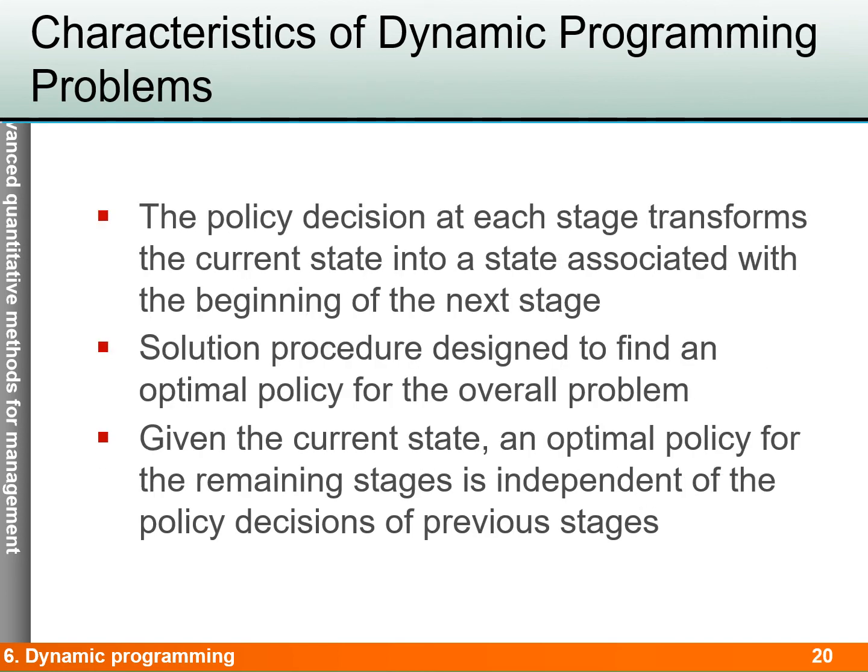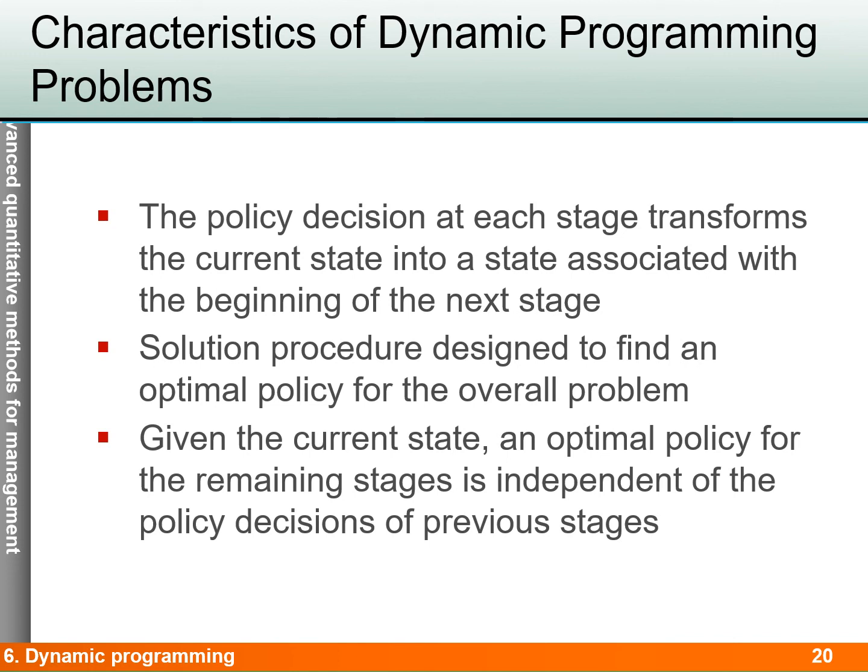The other characteristics that we see here: the policy decision at each stage transforms the current state into a state associated with the beginning of the next stage. Solution procedure designed to find an optimal policy for the overall problem.